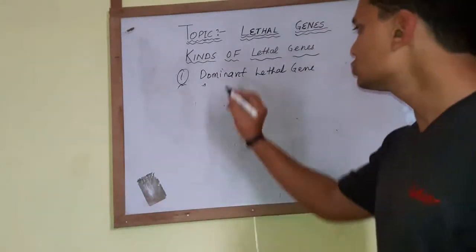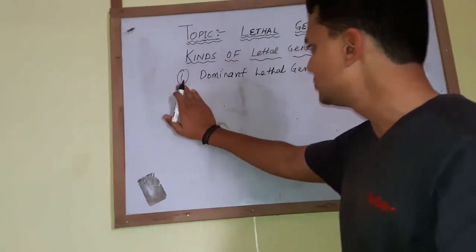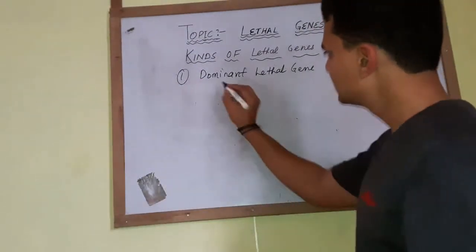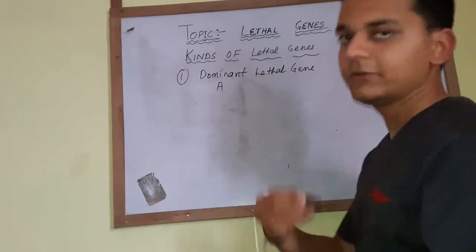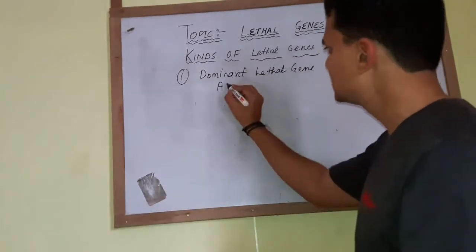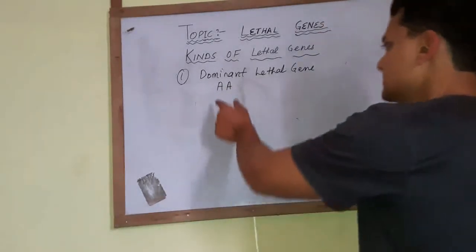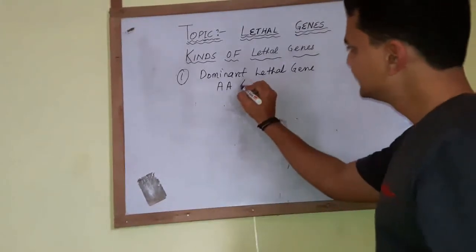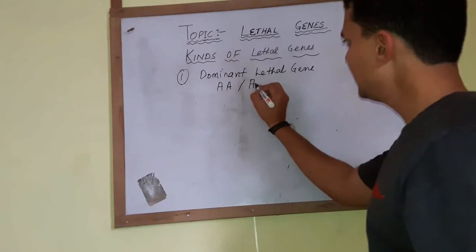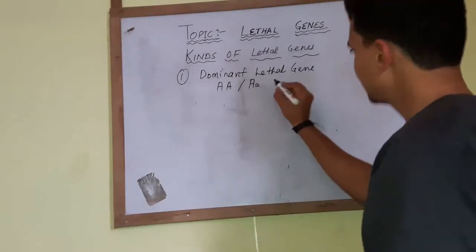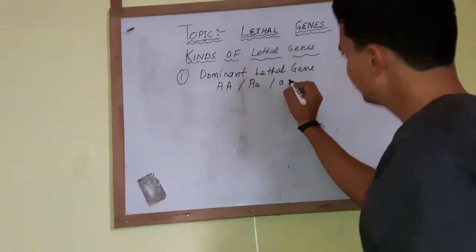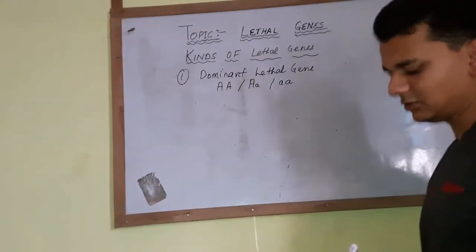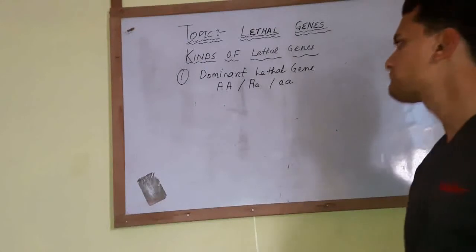When we talk about autosomes, there are only three genotypes: first, fully dominant, AA; second, heterozygous, Aa; and the third genotype is fully recessive, aa. In every case we get only these three genotypes, right?